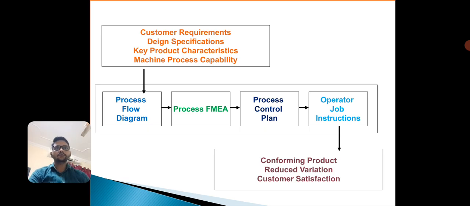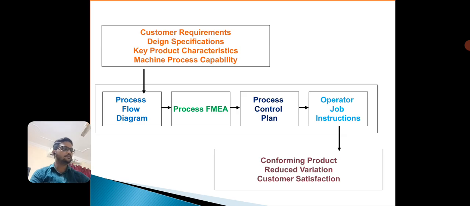Next is what the customer requirements or design specifications, key product characteristics, and machine process capability are that we need to capture in the PFD. Then we need to prepare our process FMEA, and after that the process control plan.